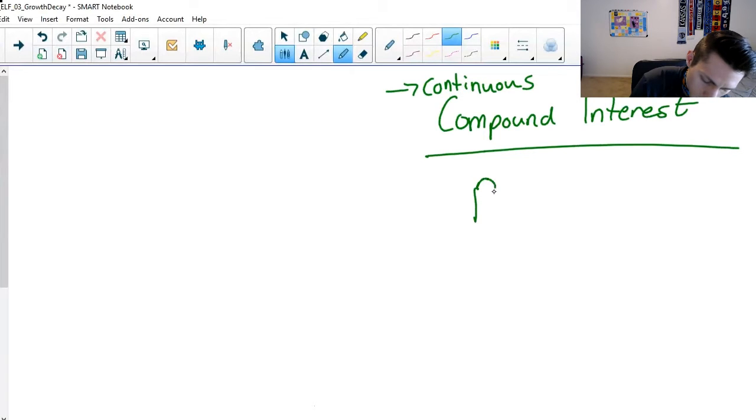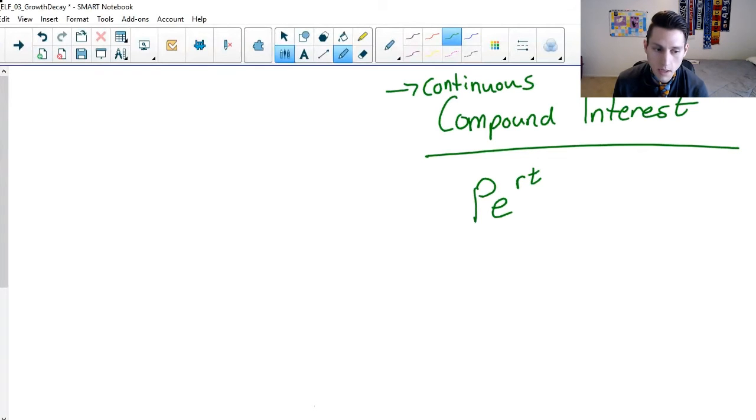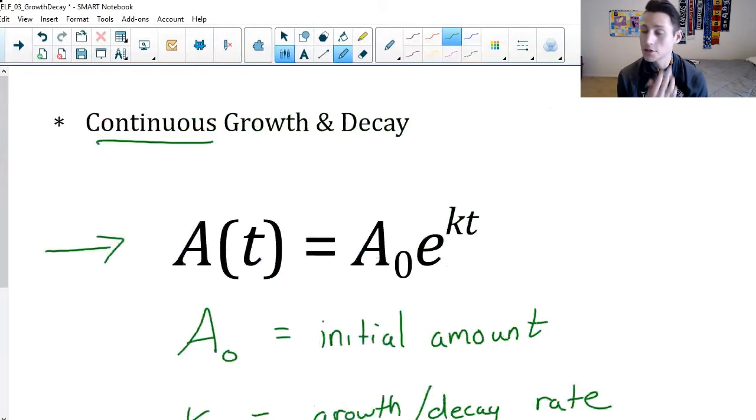I think it's usually written like this: P times e to the power of RT. Because the P represents principal amount of money, R represents the rate. So it's basically the same thing, except we're not just going to use it for interest, we're going to use it for other stuff. Then we'll use these variables. But yeah, it's that same thing, Abby. Good connection.